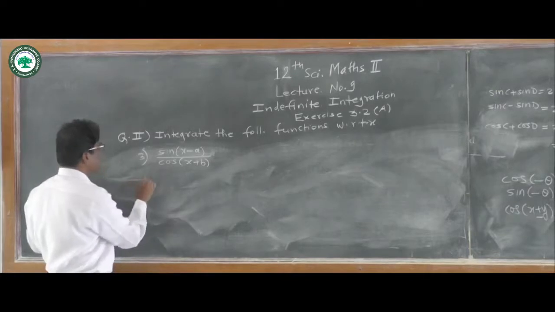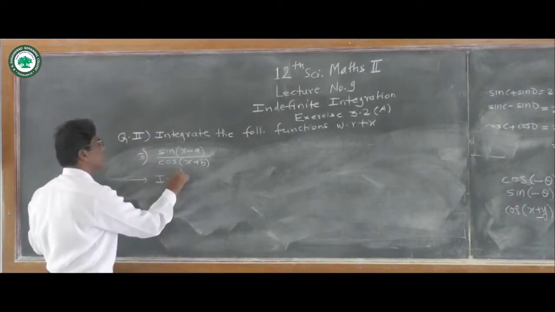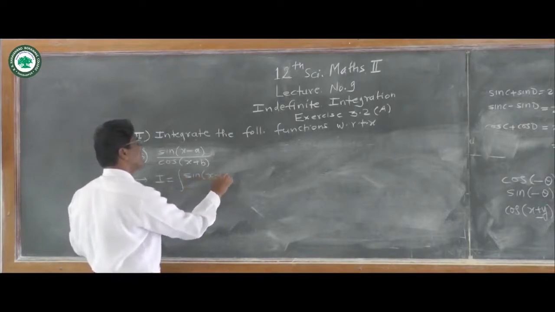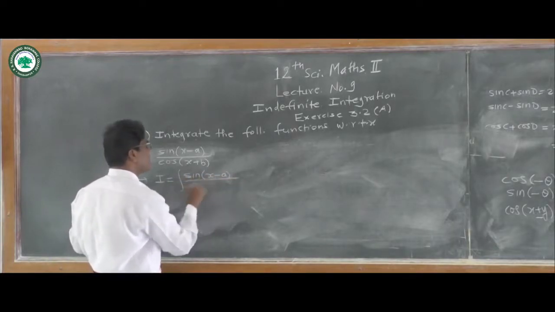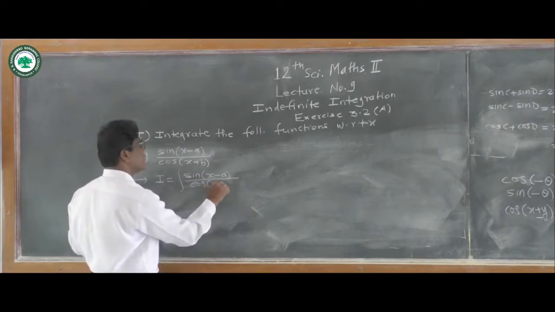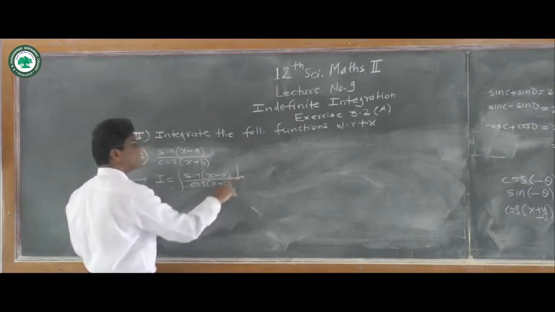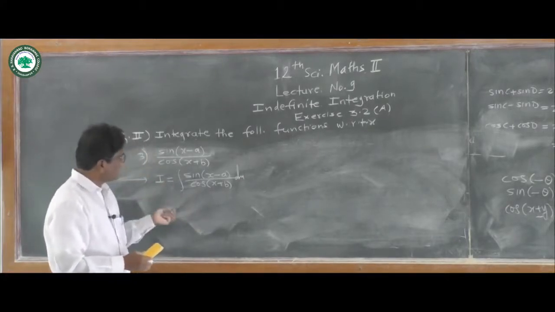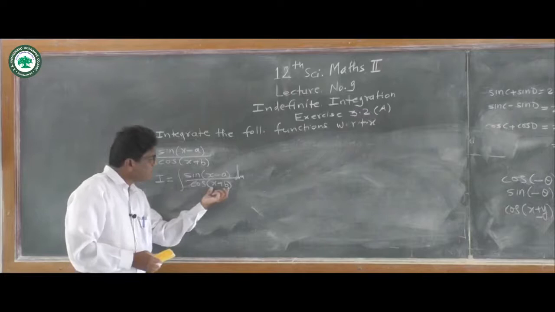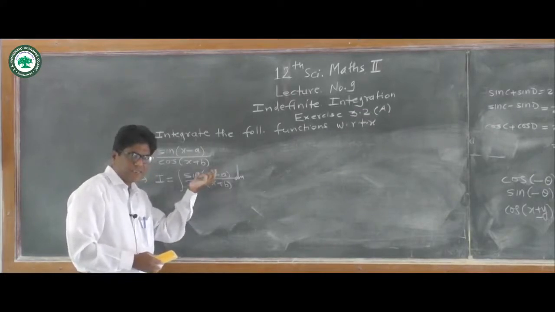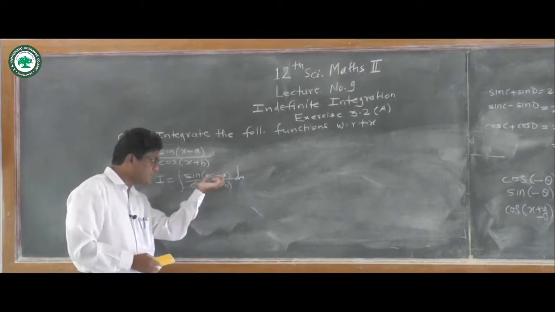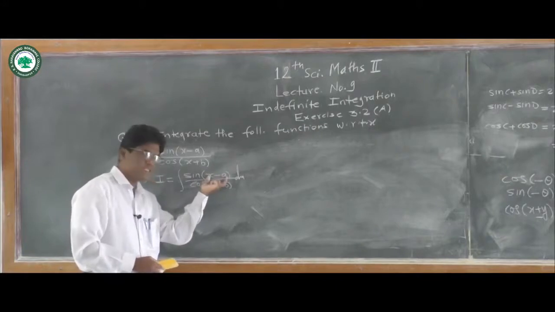Firstly, let I be equal to the integration of sin of x minus a upon cos of x plus b dx. In the second problem, whatever angle is in the denominator, we adjust in the numerator. In the denominator the angle is x plus b. We have to adjust this x plus b in the numerator, but in the numerator the angle is x minus a.